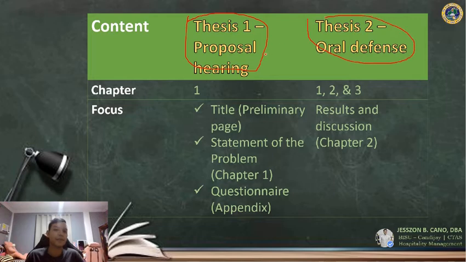So for this semester, you will just propose your study, and if it is approved by the panel members, you can proceed in distributing the questionnaire, and then you will finish your study and defend it next semester. So for this semester, you will undergo proposal hearing before the end of this semester.